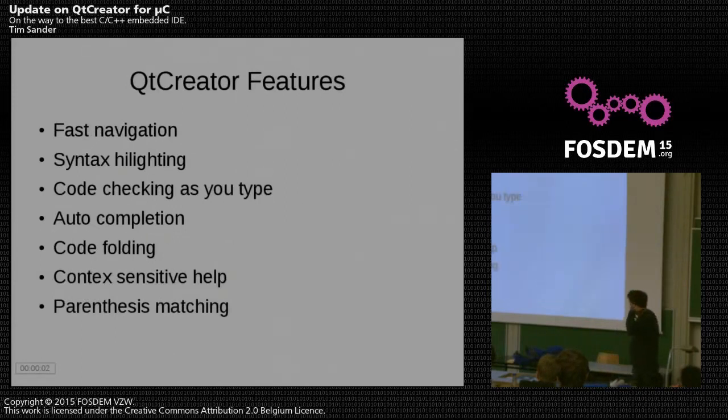Okay, I think you probably know most of the stuff given your background, so I'm just highlighting the best features Qtcreator has. It's fast navigation, so you have a code model behind it, which nowadays also has an experimental, or I don't know if it's not experimental by now, but it's a more sophisticated but slower code model based on LLVM.